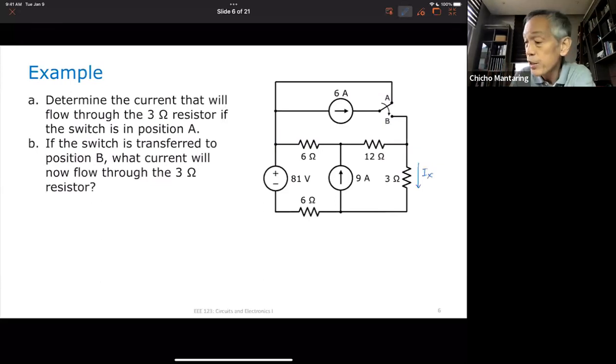Okay, here's my first question. If the switch is in position A, will the 6 ampere source contribute to current flowing in the 3 ohm resistor? Yes or no? I just want to get a consensus, no?